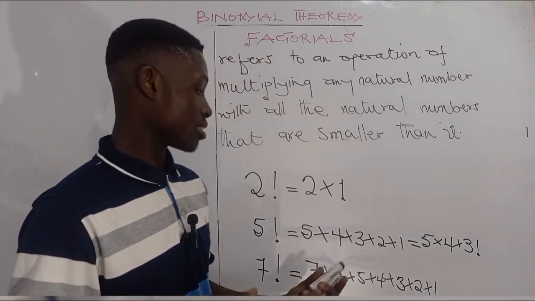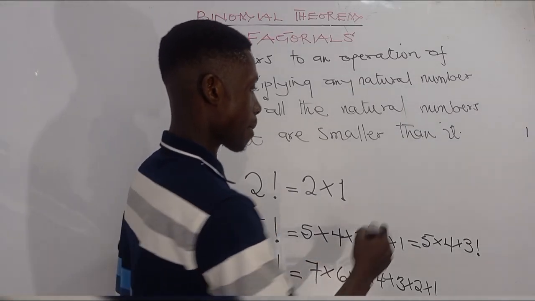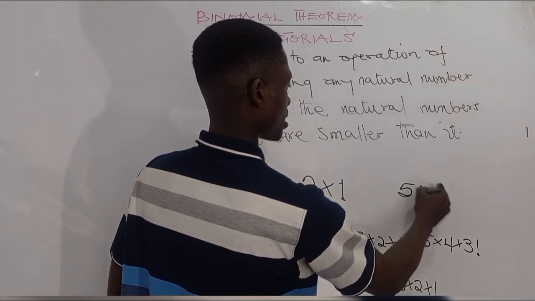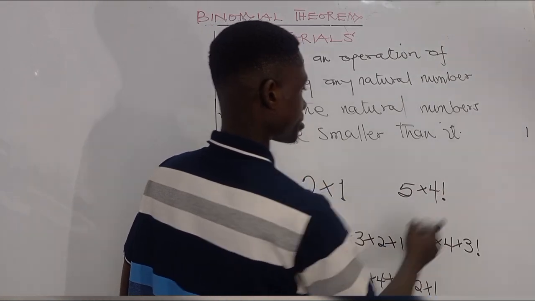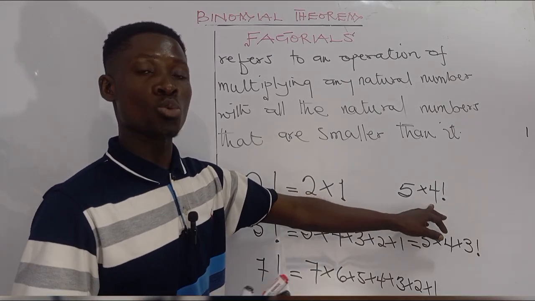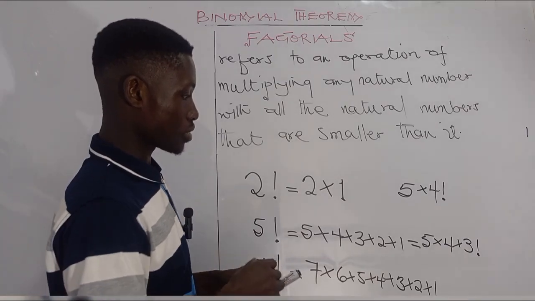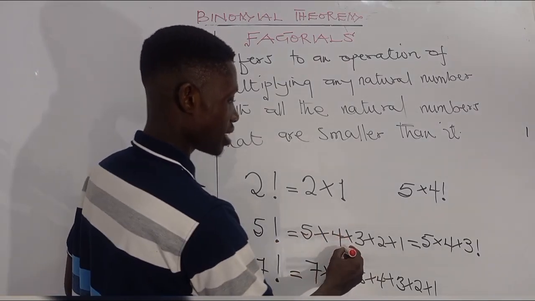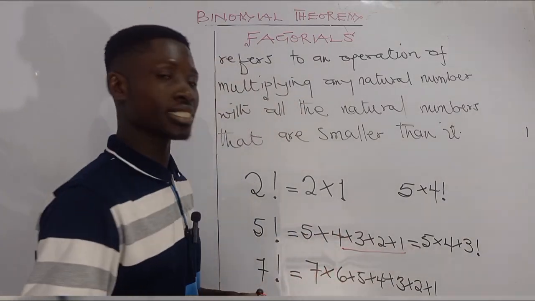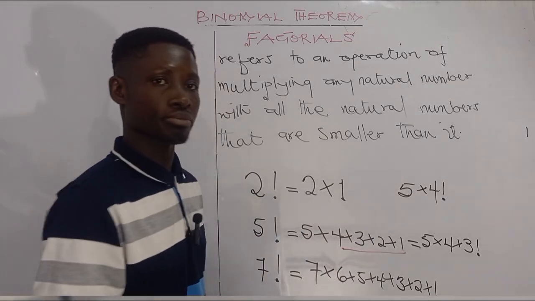This same 5 factorial can be shortened and written as 5 times 4 factorial. This is because this 4 factorial will cater for all those natural numbers that are smaller than it. So 4 factorial will be here, so it will cater for all these natural numbers.